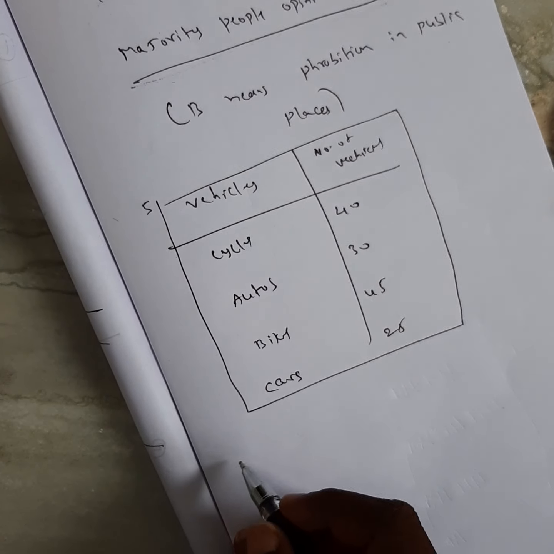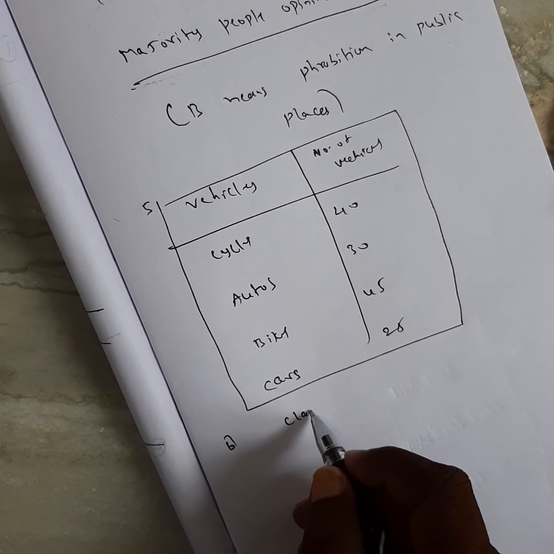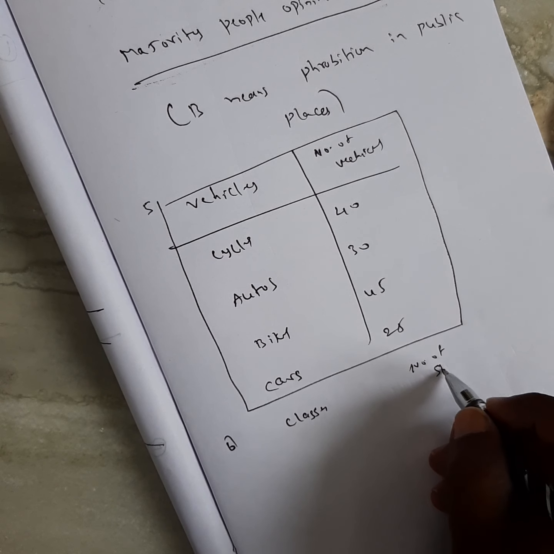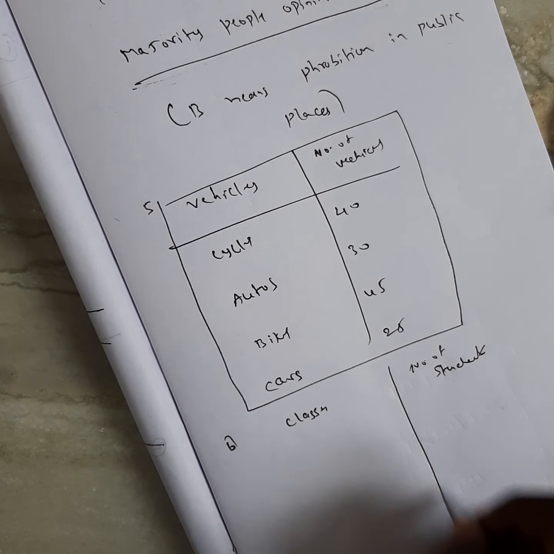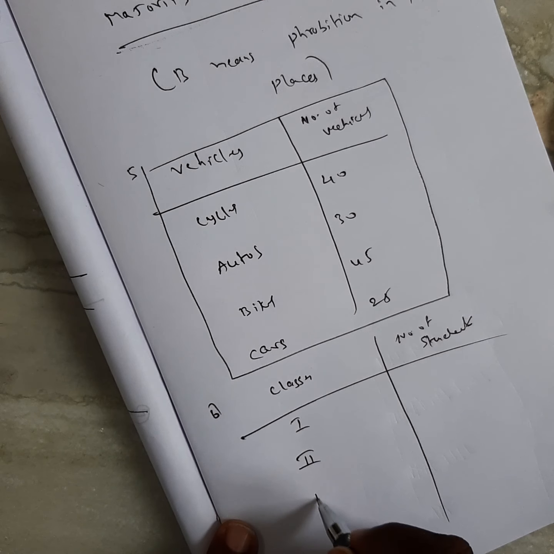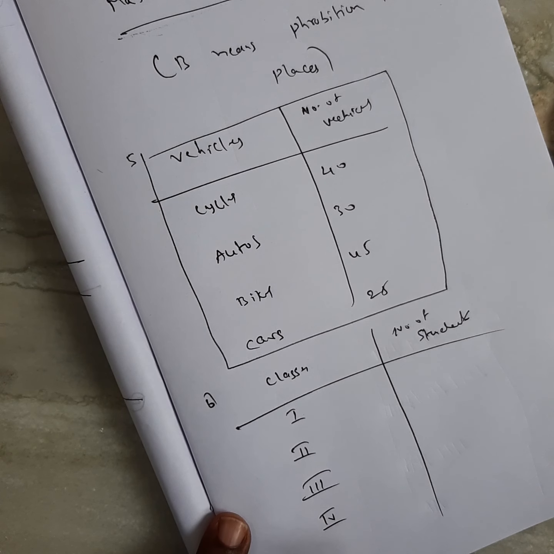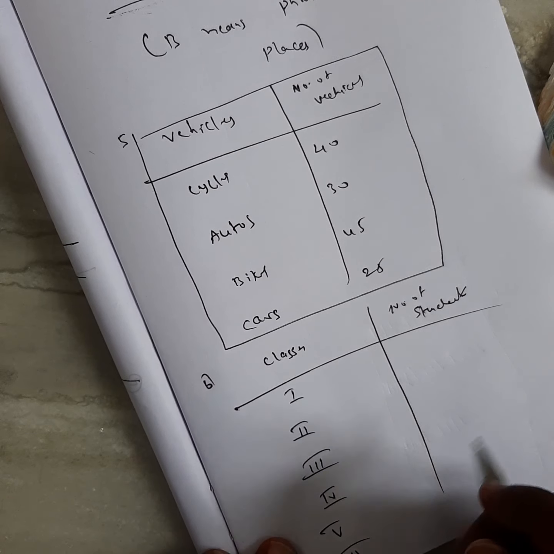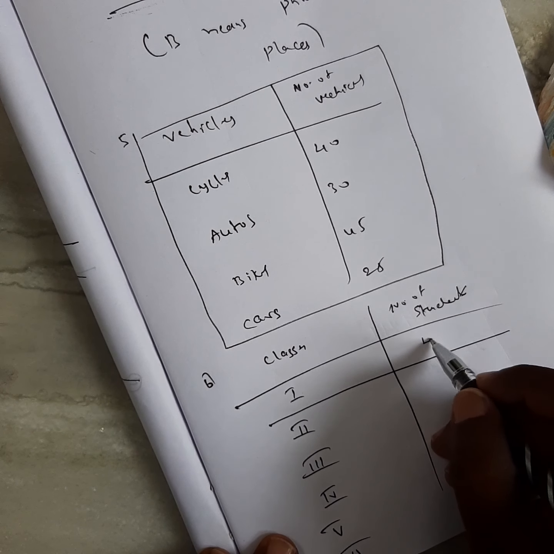So children, now you have to represent this also in tabular form. For question number 6, you have classes and number of students. The classes are first class, second class, third class, fourth class, fifth class, and sixth also. In the first class, how many students are there? 40.